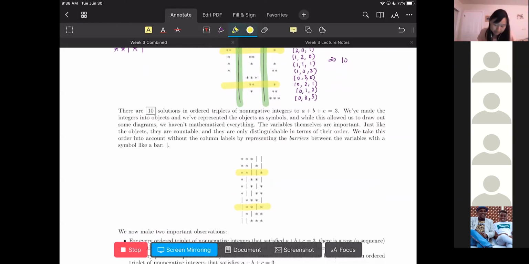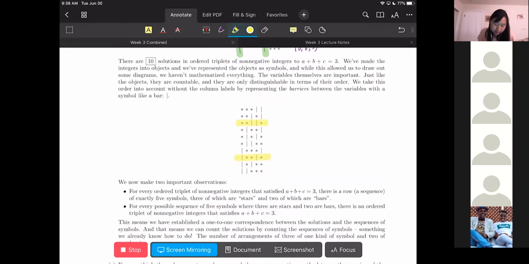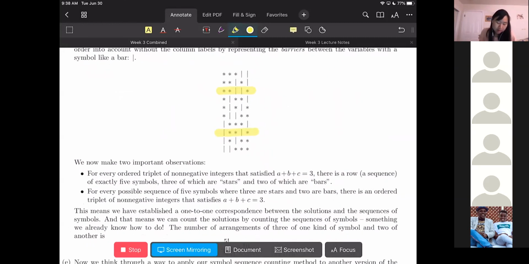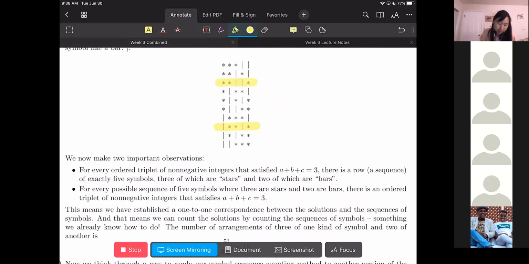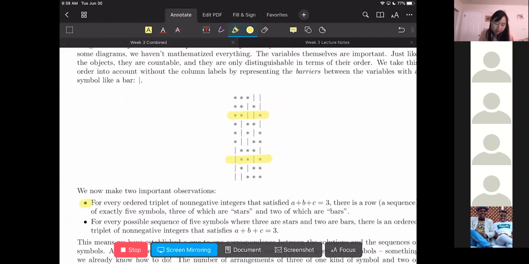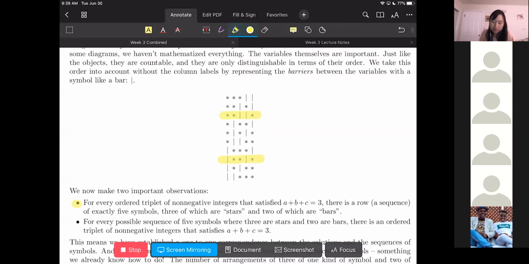Yes. So there's a couple of different observations here that are key to solving this problem, and we have them written down here. The first one is right here. For every ordered triplet of non-negative integers that satisfies A plus B plus C equals 3, there is a row or a sequence of exactly 5 symbols, 3 of which are stars and 2 of which are bars.